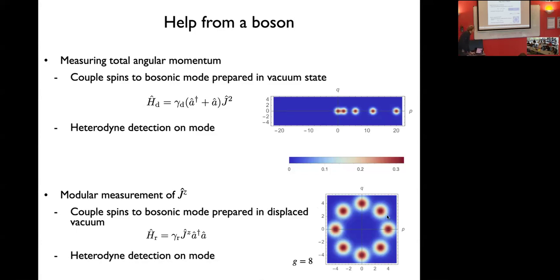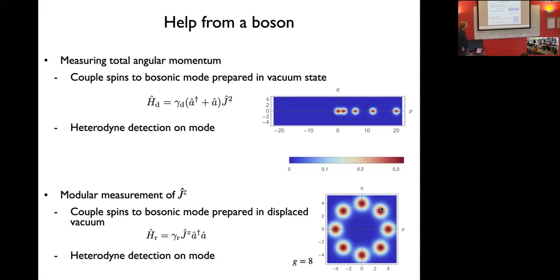What will happen is the coherent state will get rotated, and if you wait for an appropriate time, like time pi if the coupling g is 8 here, then you get these distinguishable distributions for the mode. If you were to measure one of these, you would extract the eigenvalue of JZ modulo the g parameter here, the bit flip distance.